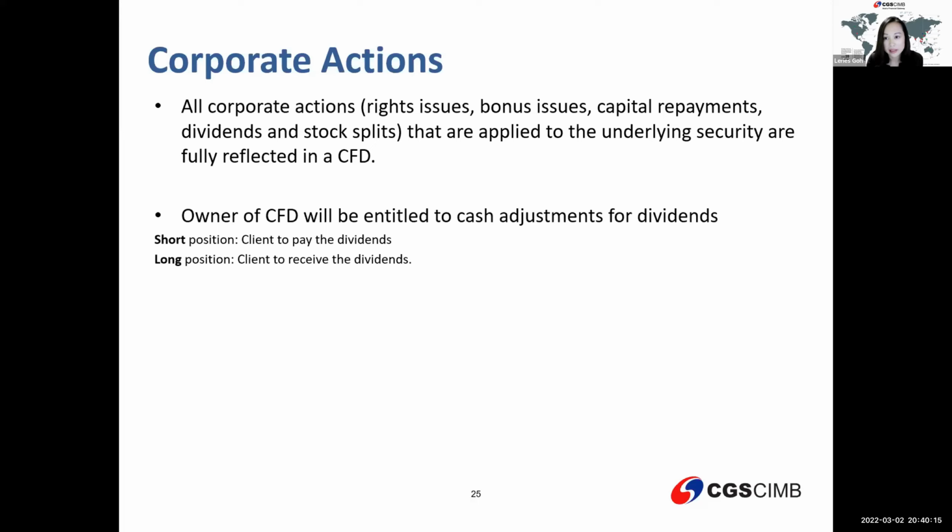You don't have to wait till the payment date, unlike a traditional cash trading account where you have to wait till the payment date. For a short position, of course, the reverse will happen, so the dividend will be debited from your account on the X date itself. Other corporate actions will be reflected accordingly in the CFD account as well.